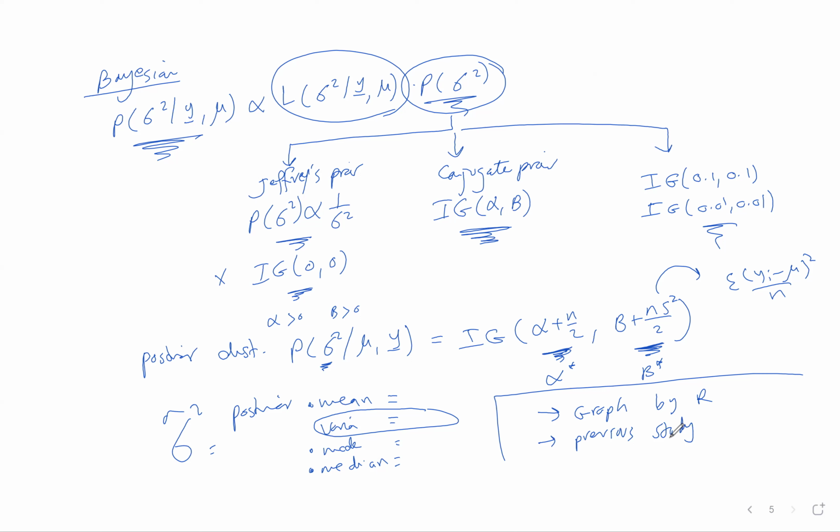So how do I use a previous study to find alpha and beta of the prior distribution? Using a previous study, alpha is the sample size of the previous study divided by 2 minus 1.